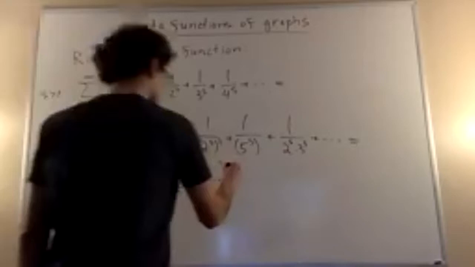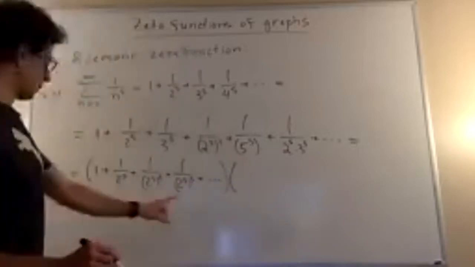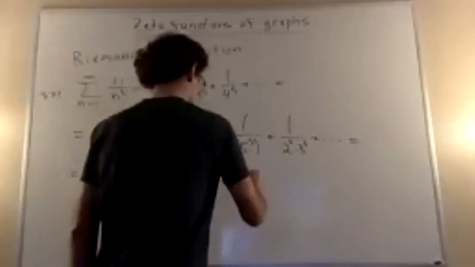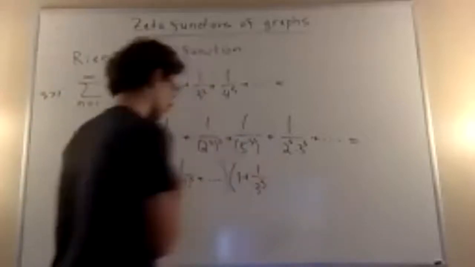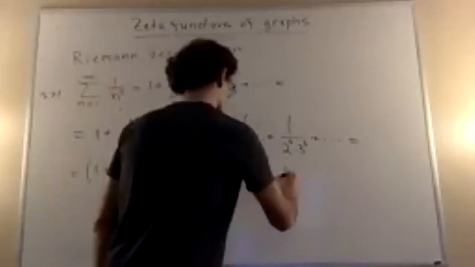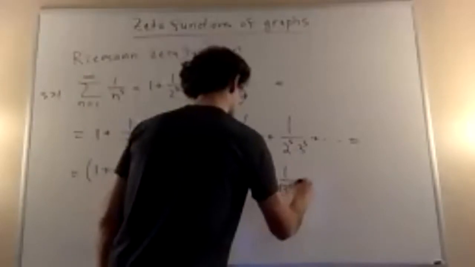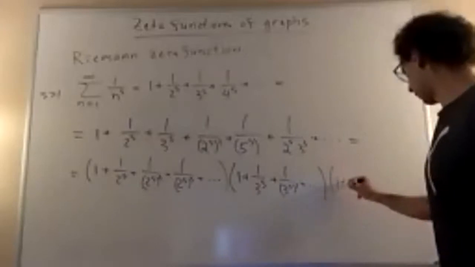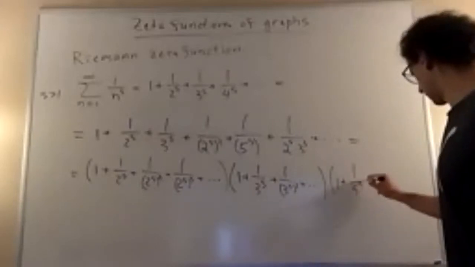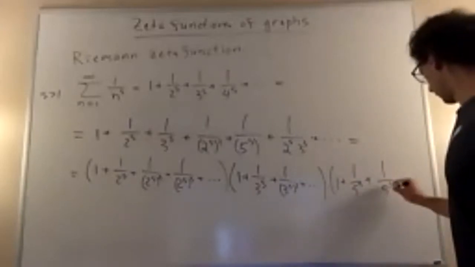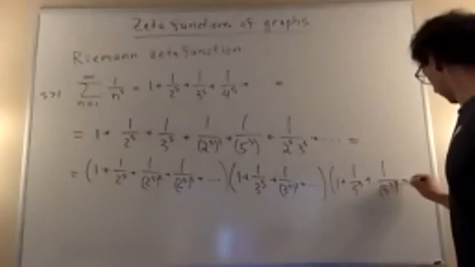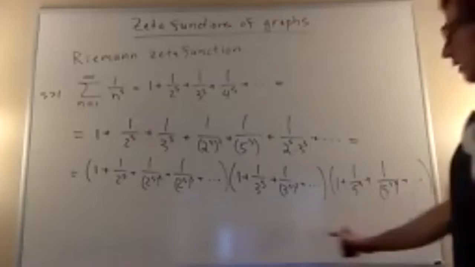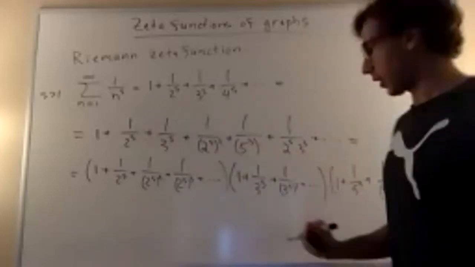Then there's going to be a term, the same series, except with 1 over 3 to the s: 1 over 3 to the s, 1 over 3 to the s squared, and so on. Then there's going to be 1 over 5 to the s, 1 over 5 to the s squared, and so on. Okay?